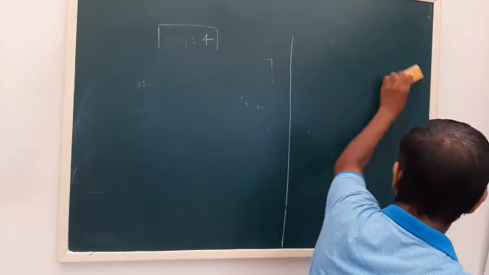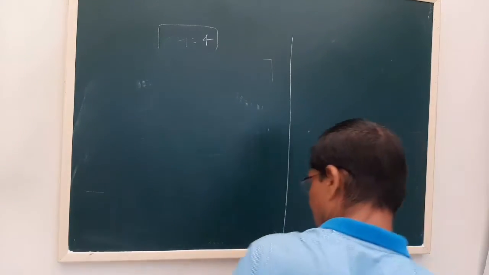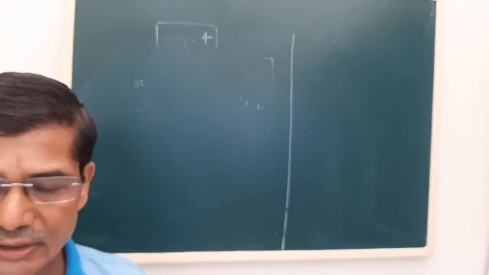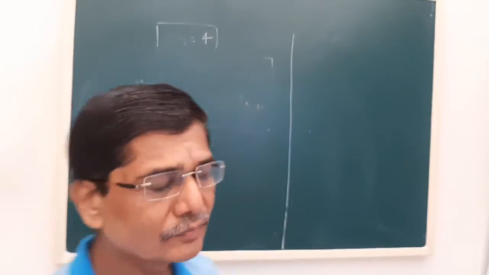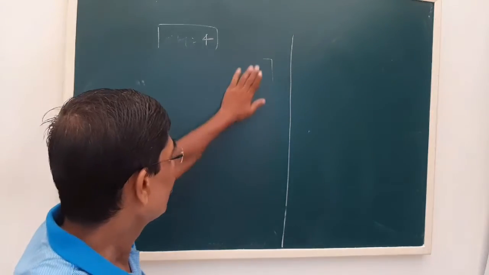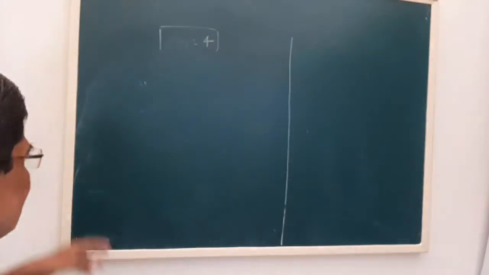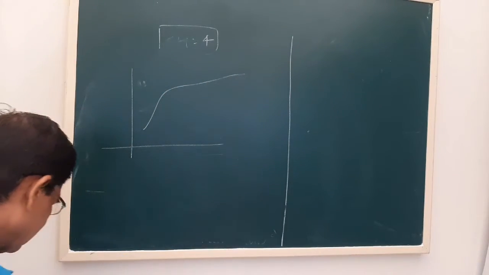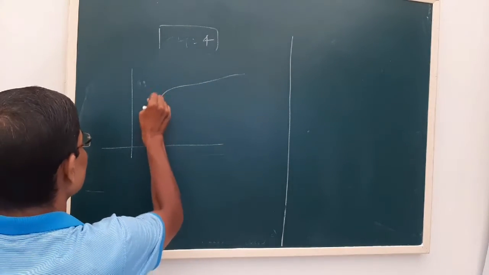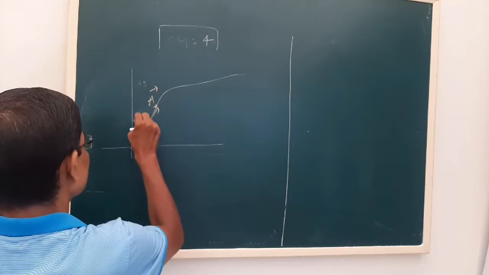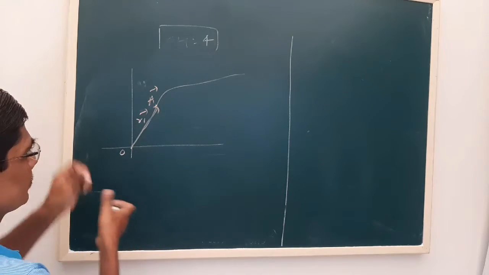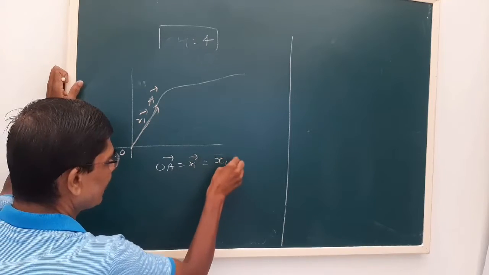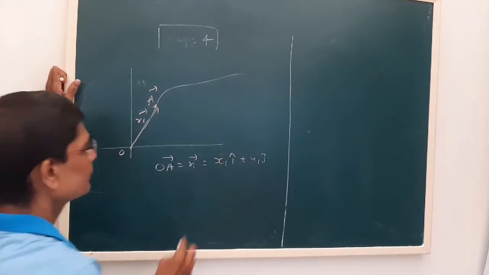Now in the third lesson we talked about average velocity and instantaneous velocity. That was in one dimension. Here we have to discuss in two dimensions. Again recall the same, let us say A is the initial position, this is R1, then we can write it as x1 i plus y1 j.